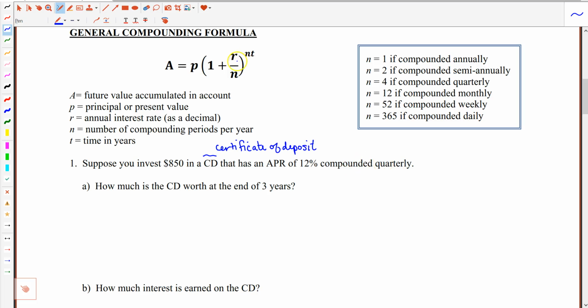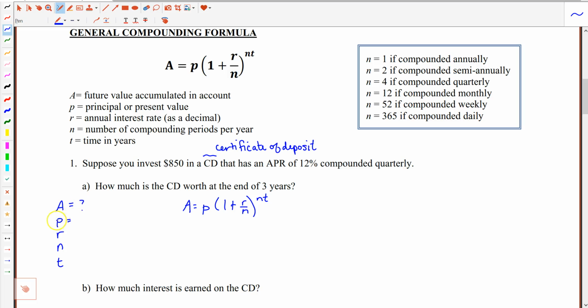So we're going to go ahead and use this general compounding formula. And maybe let's record all the players over here. So I have A, P, r, n, and t. A is going to be the future value of the account, which is exactly what we don't know.